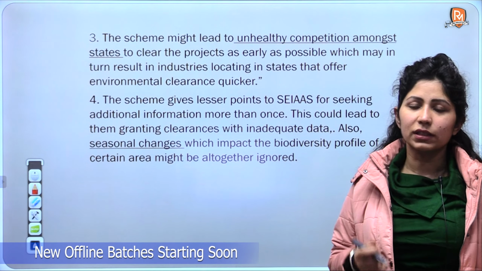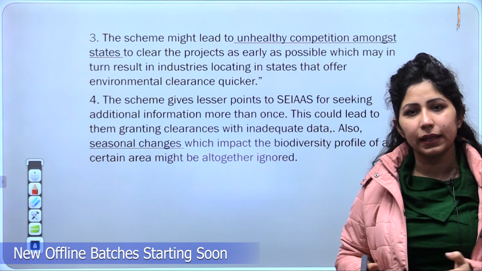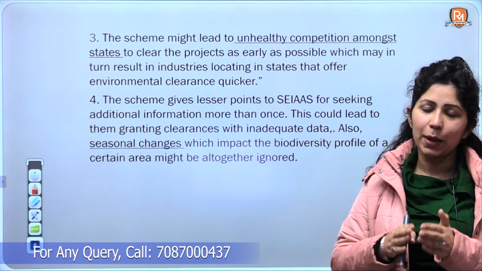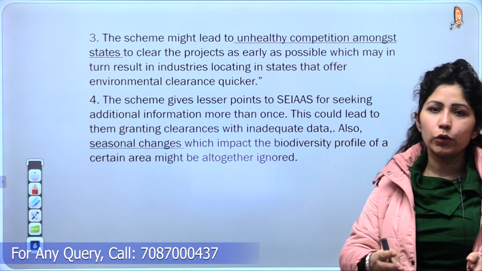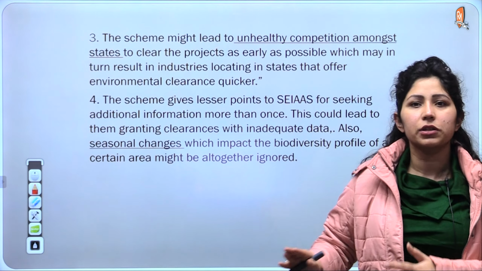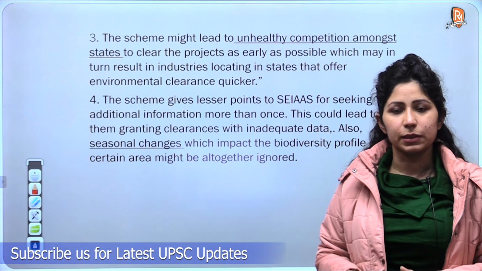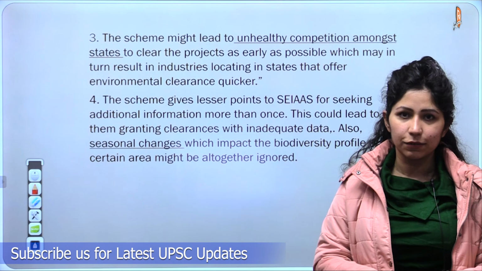The fourth point talks about the additional information sought by these assessment agencies. Now, if for example you want to build a project in a certain area, you come up with an environmental assessment report by yourself, and you give it to the concerned authority of the state.